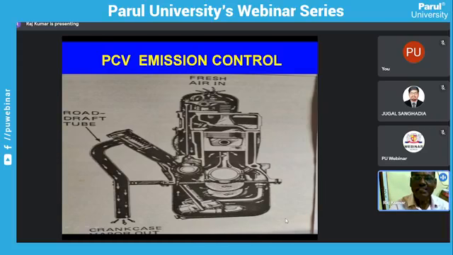Otherwise, if the fumes are not expelled from the engine crankcase, the crankcase pressure may rise and it will burst. So these are to be sent out, but if sent out without check, there will be pollution because it contains very dangerous hydrocarbon particles. So it is to be controlled by the positive crankcase ventilation valve.